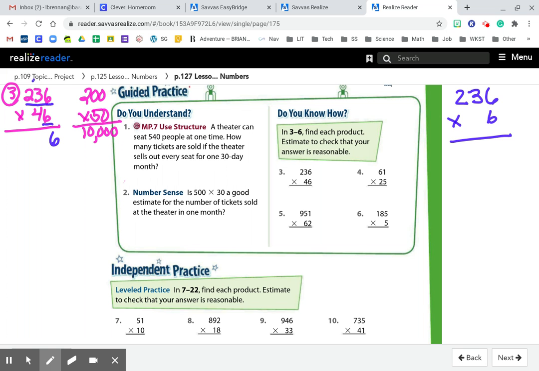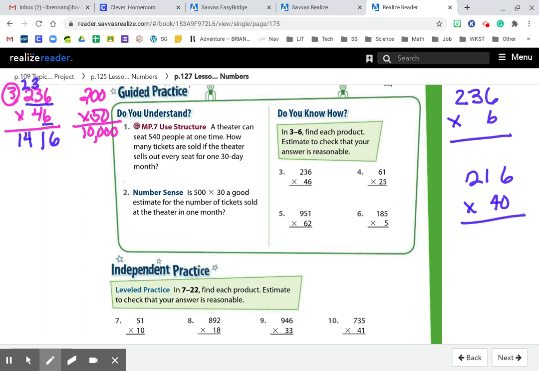Carry the 3. We're kind of ignoring that 4 right now. 6 times 3 is 18, plus 3 is 21. And 6 times 2 is 12, plus 2 is 14. And now we're going to use 236 times 40, which is the second partial product.